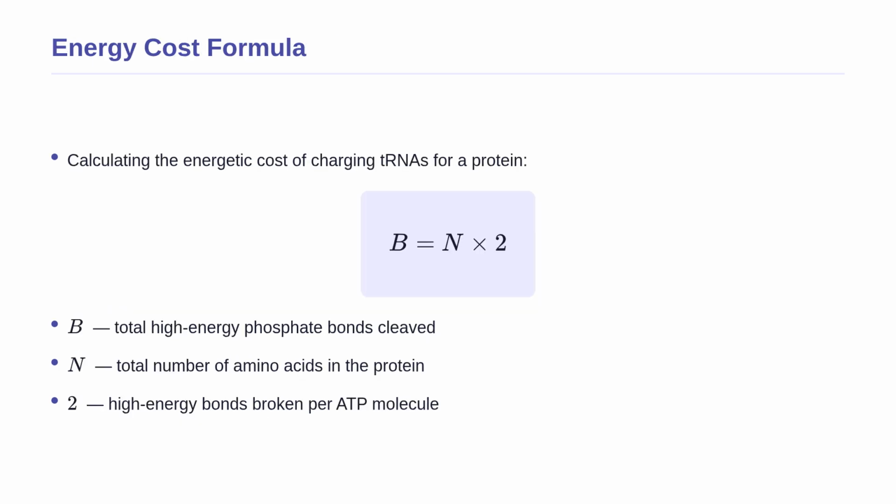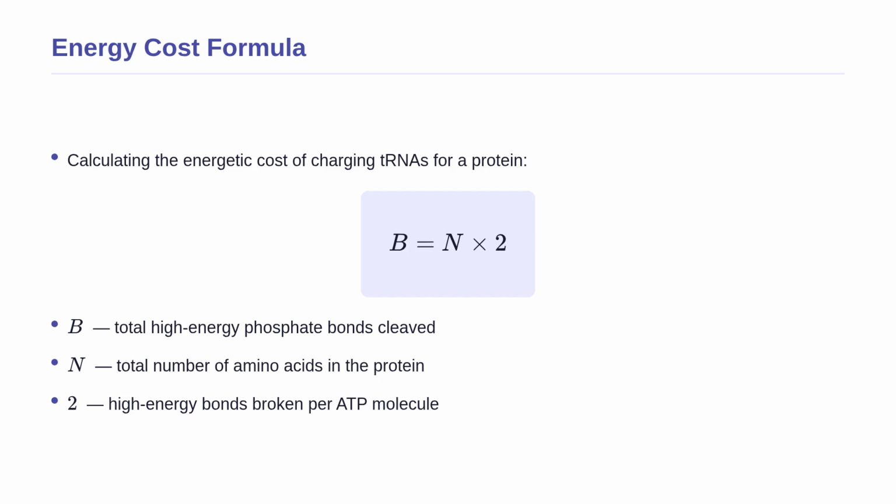This chemical equation we just saw leads us to an important question about energy consumption. How much energy does a cell actually spend to charge these molecules? We can calculate this using a simple formula. B equals N times 2. In this equation, the variable B represents the total number of high-energy phosphate bonds that are cleaved during the charging process.